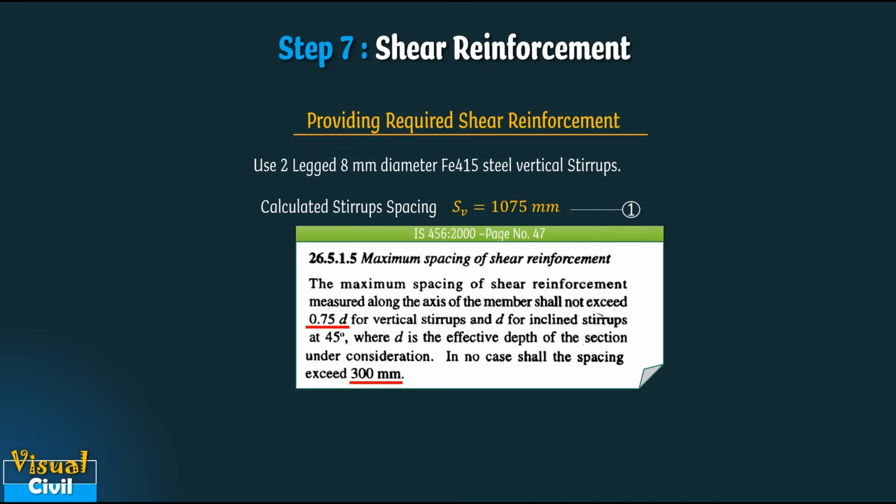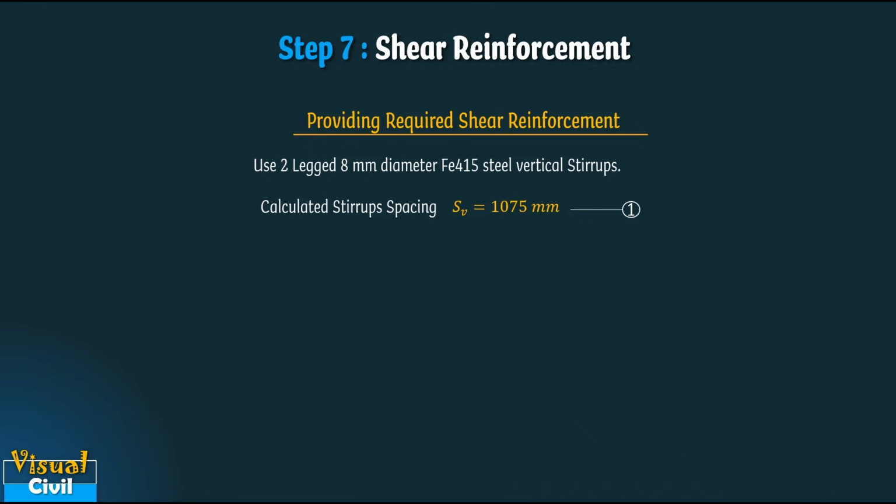As per the clause 26.5.1.5, the maximum spacing of the stirrup shall not exceed 0.75 times the effective depth of the beam. Also, the stirrup spacing should not be more than 300 mm in any case.